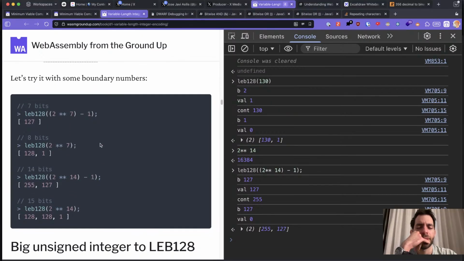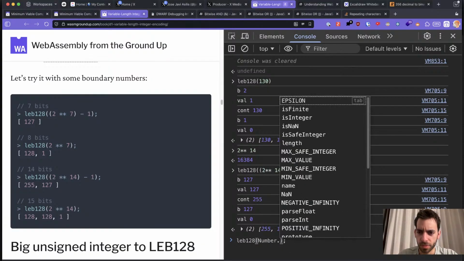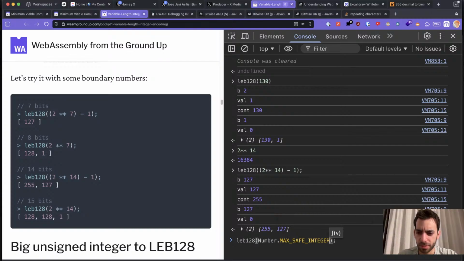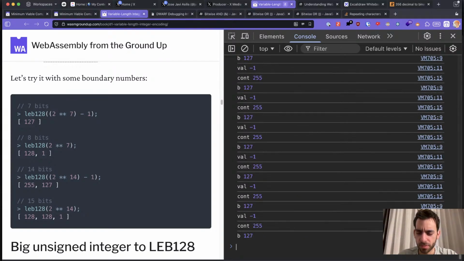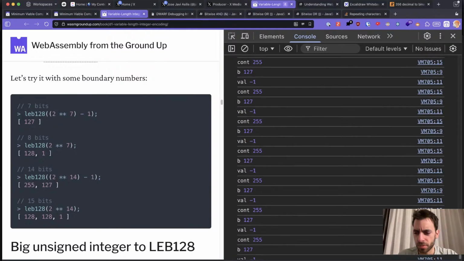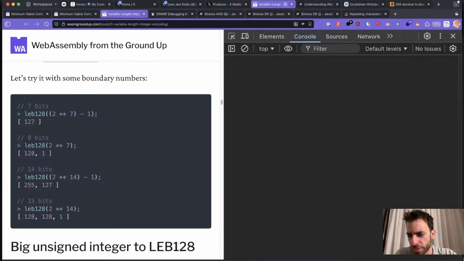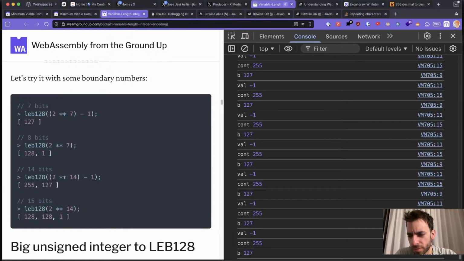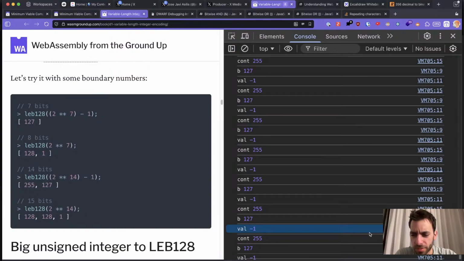So wait a minute. If I put something like max safe integer, what I want to know is, did I crash the console?